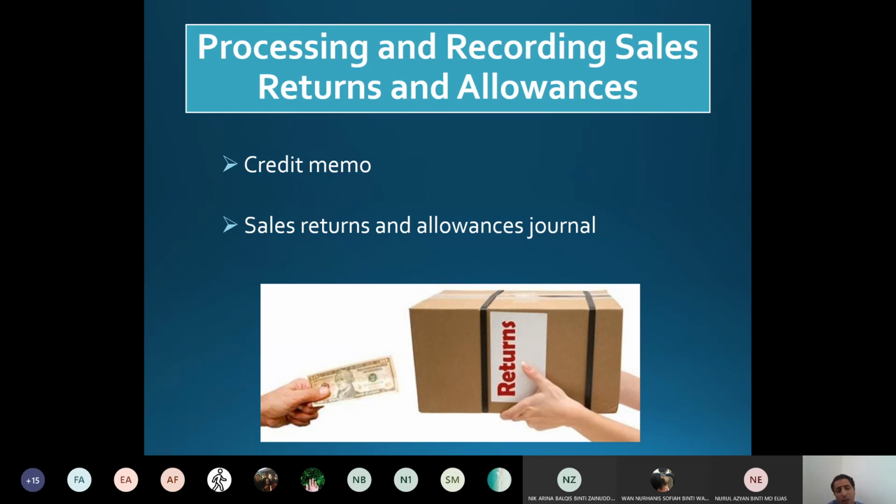Or sometimes they return the items because they are not fitting or not according to the customer's order.